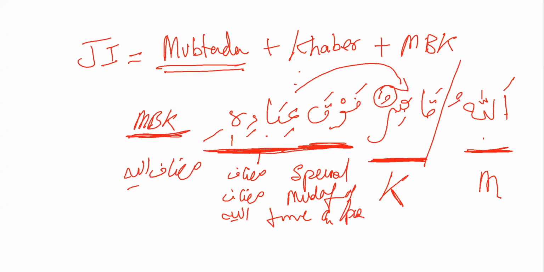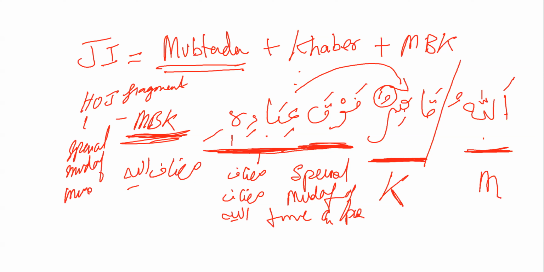We know that MBK can be an HOJ fragment or a special mudaf mudaf ilayh fragment. So this is the natural order. First the mubtada comes, this is the khabar, and this is the muta'alliq bil khabar.